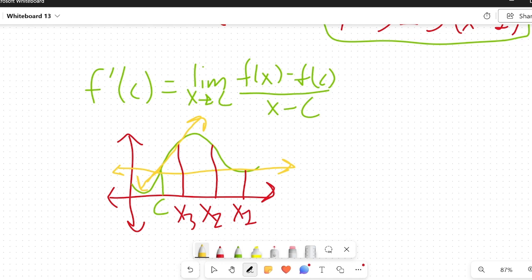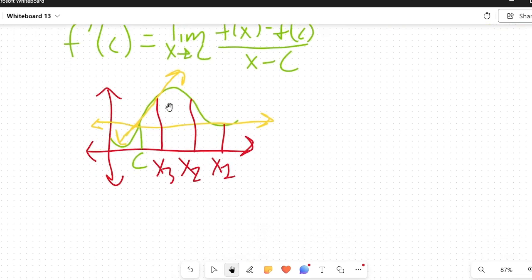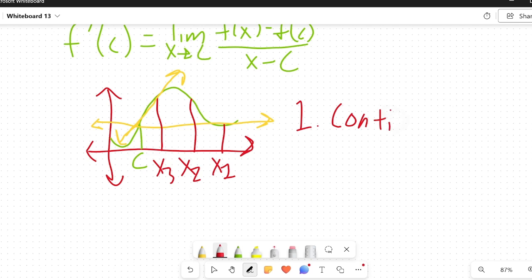So let's talk about our rules for continuity in derivatives. I keep saying differentials. In derivatives, a function is differentiable under a couple of cases. First, the actual function has to be continuous at the point where we're taking the derivative.